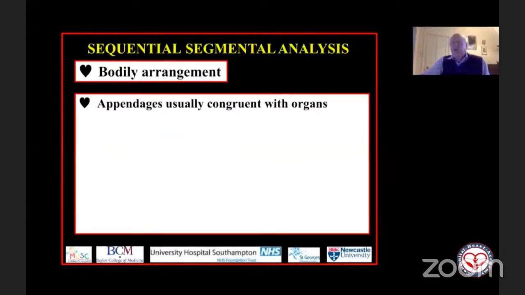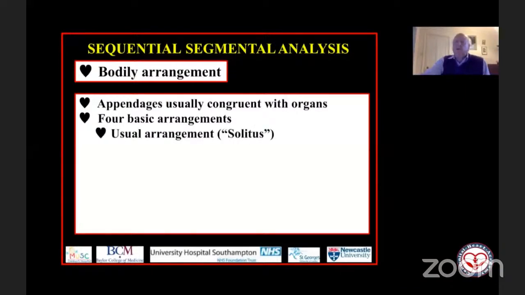But we do take note that almost always the appendages are congruent with your organs. So that reinforces the fact that there are these four basic arrangements. Usual arrangement, many of you still call this situs solitus. As you know, we prefer to consider it as being usual. Many of you talk of situs inversus. We would much rather describe that as mirror imagery.